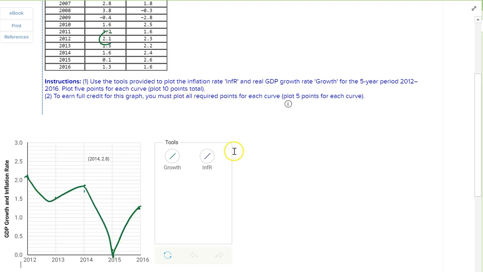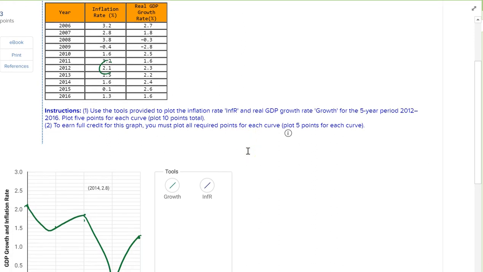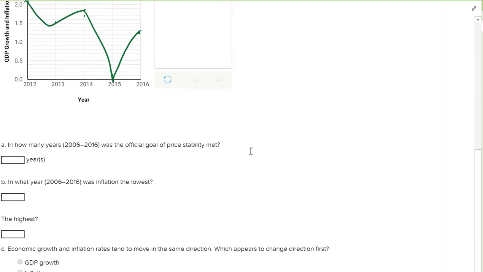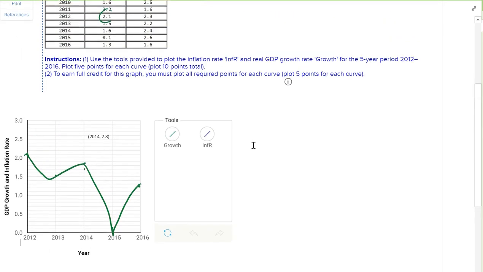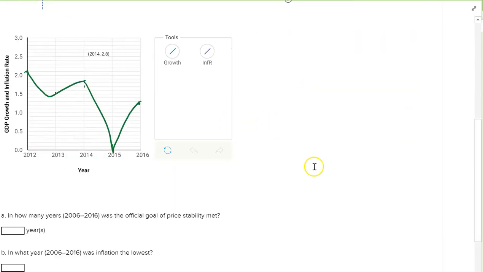And then you'll graph the other information using the same graph, and you'll see that GDP growth varies in a different way. So then it asks you to answer some questions here. It says, in how many years was the official goal of price stability met? Well, the official goal of price stability is to have inflation of less than 3%.